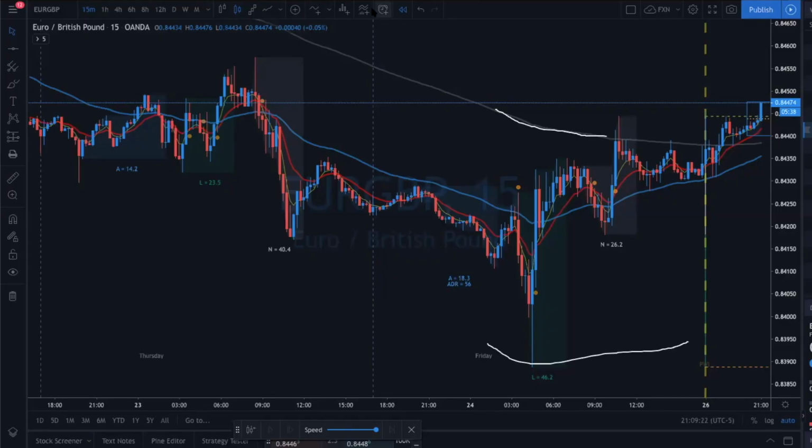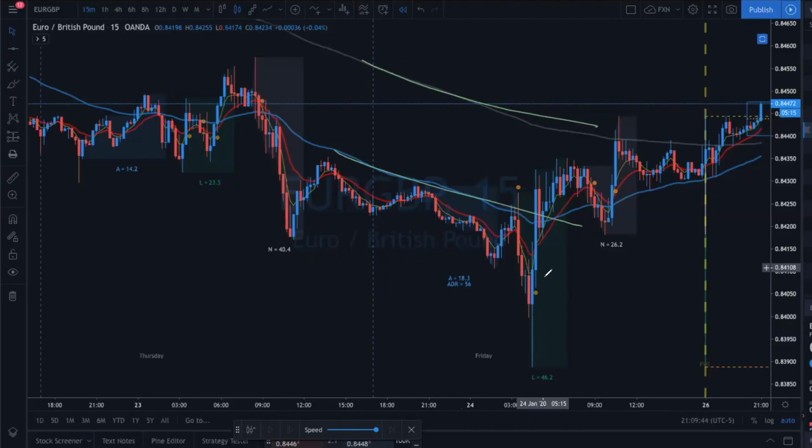Okay, gotcha. So when I say the EMAs are in your favor, I mean like if you're taking a trade here and the EMAs are above you, so you can use them as take profits. Let's say you're taking a buy, and so you can use them as take profits.